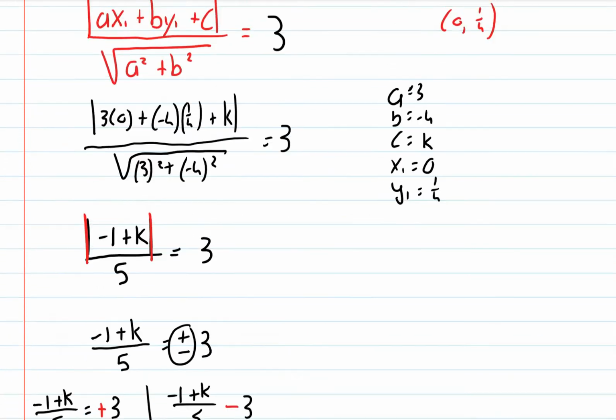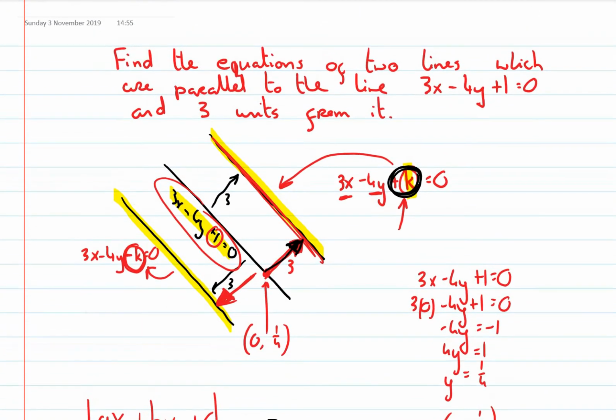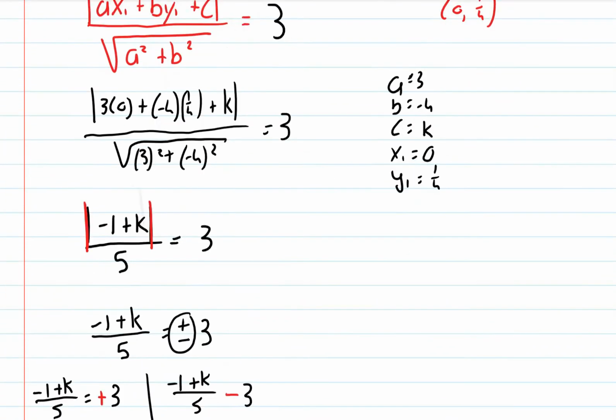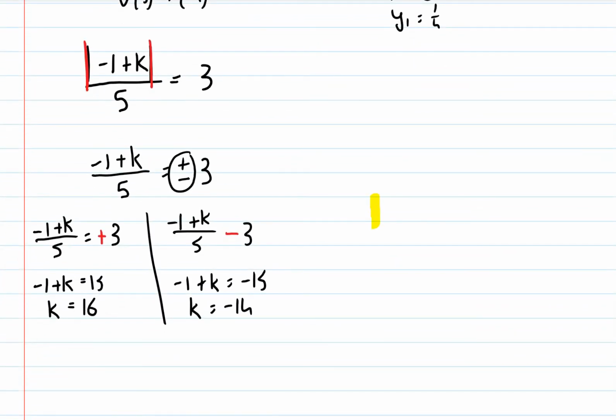Okay, so go back to our question again. Find the equation of two lines which are parallel to the line 3x minus 4y plus 1. So 3x minus 4y plus 1, that was the original line.